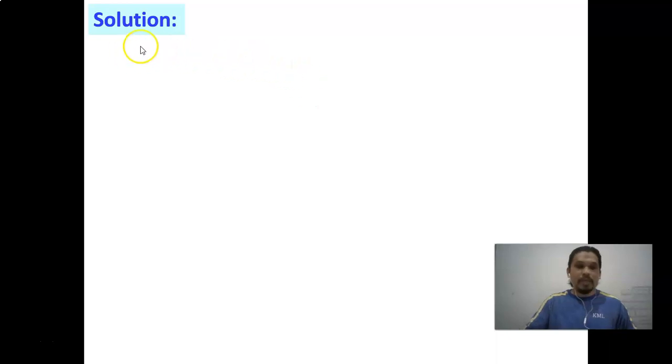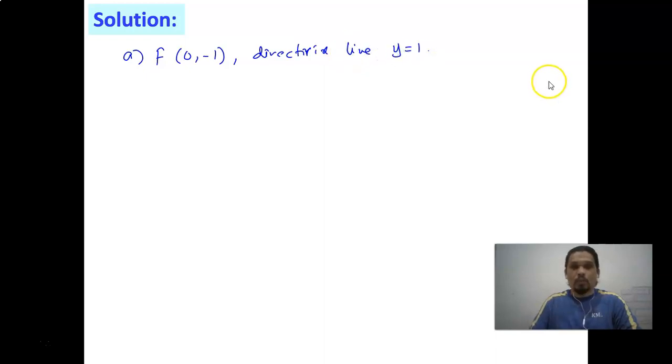For part A just now, given that the focus is (0, -1) and the directrix is the line y equal to 1.